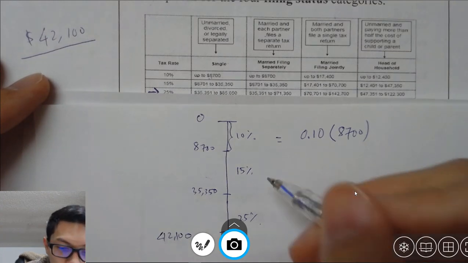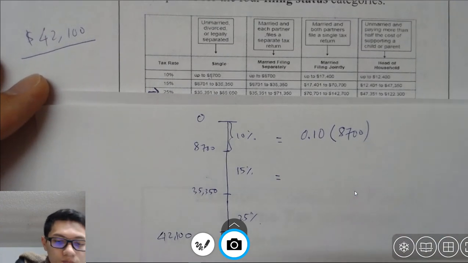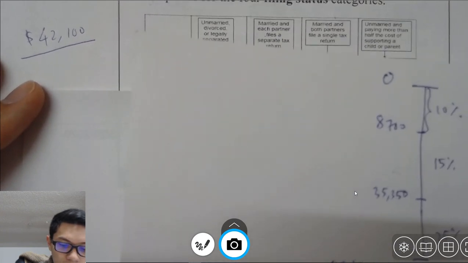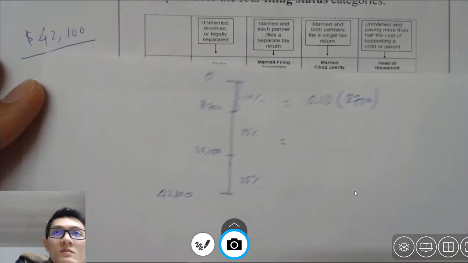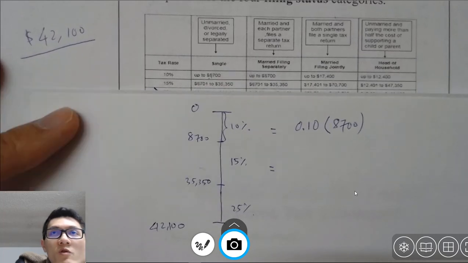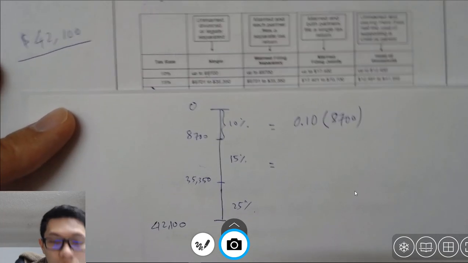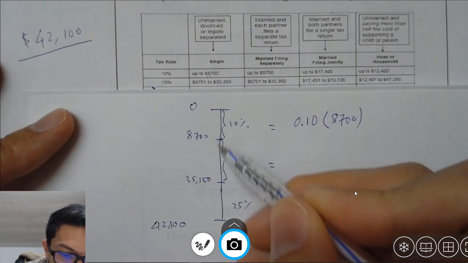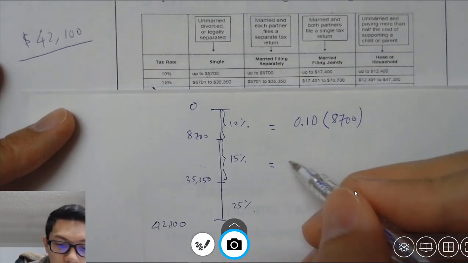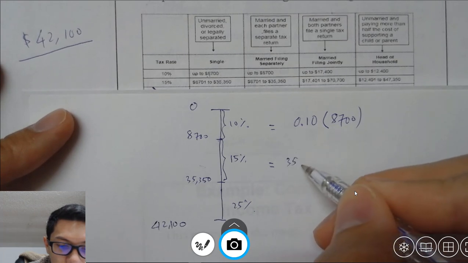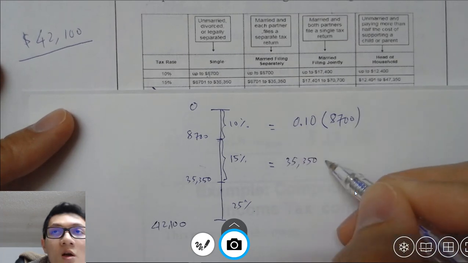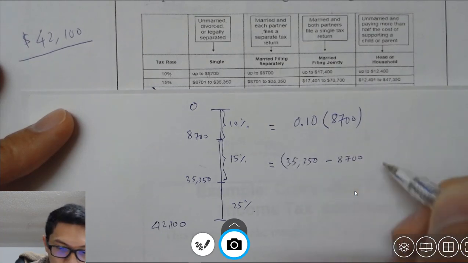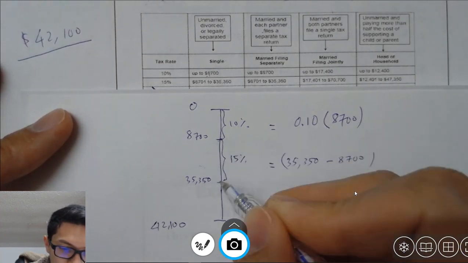For the second one, we take the difference between these two numbers. 35,350, we subtract 8,700, where I take the subtraction to get the one in the middle.